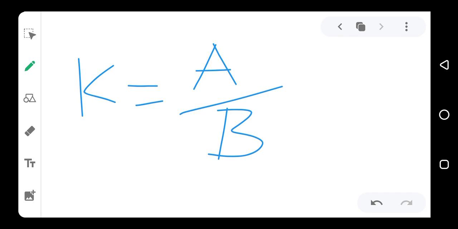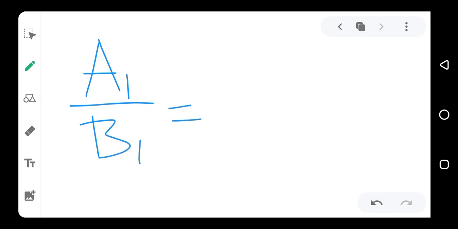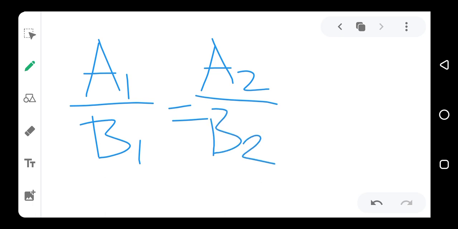Now, this also means if we have that K is equal to A over B, and if A changes, maybe this one is A1 and this one is B1, and we now have A2 and B2, then it means that A1 over B1 is equal to A2 over B2.